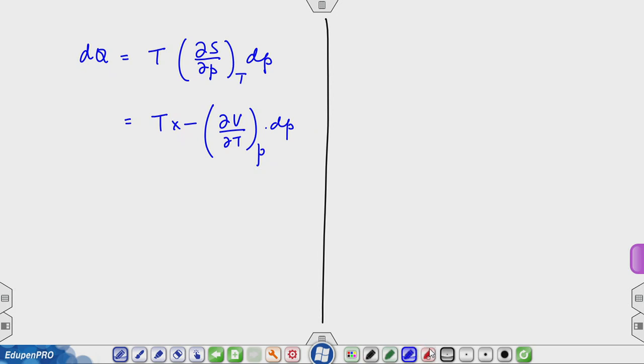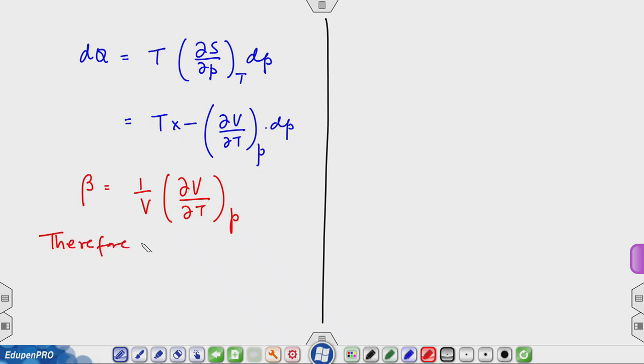I know that the volume expansion coefficient beta is 1 over V partial V partial T at constant P. And therefore, I have dq equals minus T V beta dP.